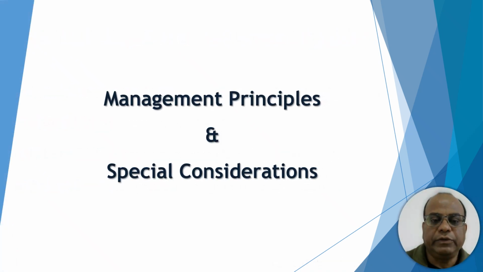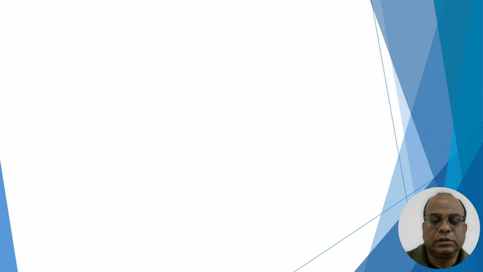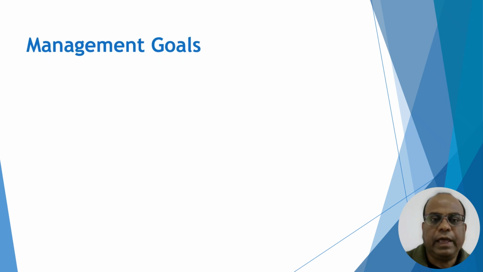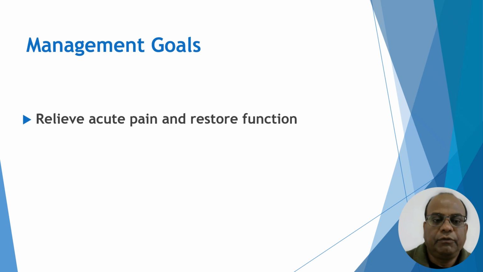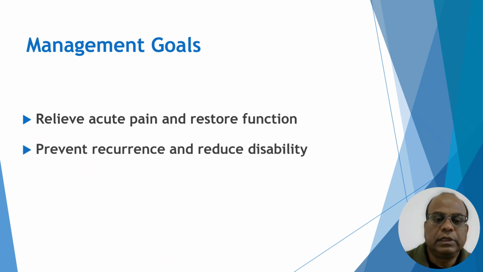I will explain today management principles and special considerations. So at first, we have to understand what are the goals of management in headache. First, we want to relieve acute pain and restore function. Number two, to prevent recurrence and reduce disability.